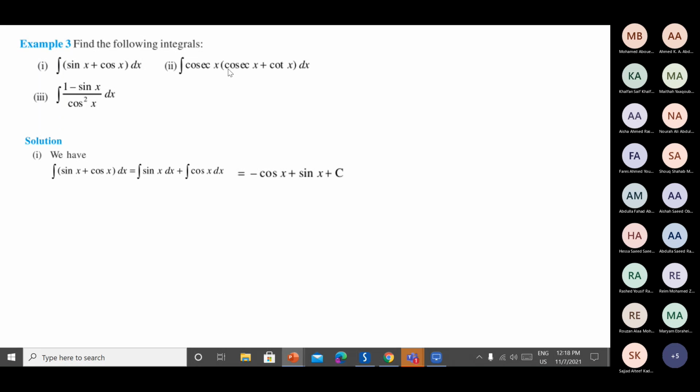This is a multiplication, so please multiply it first and then look at your table. So what I'm going to do, I'm multiplying cosec times cosec, I will get cosec squared plus cosec times cotan x dx. Can you check in your table what is the integration of cosec squared?